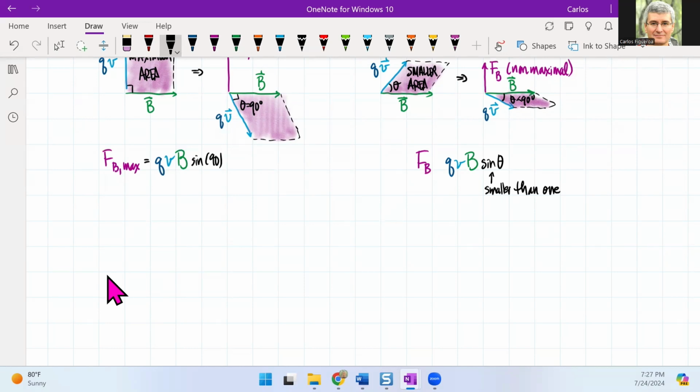And that's what makes this not maximal. So picture-wise, I'm looking at these like this.